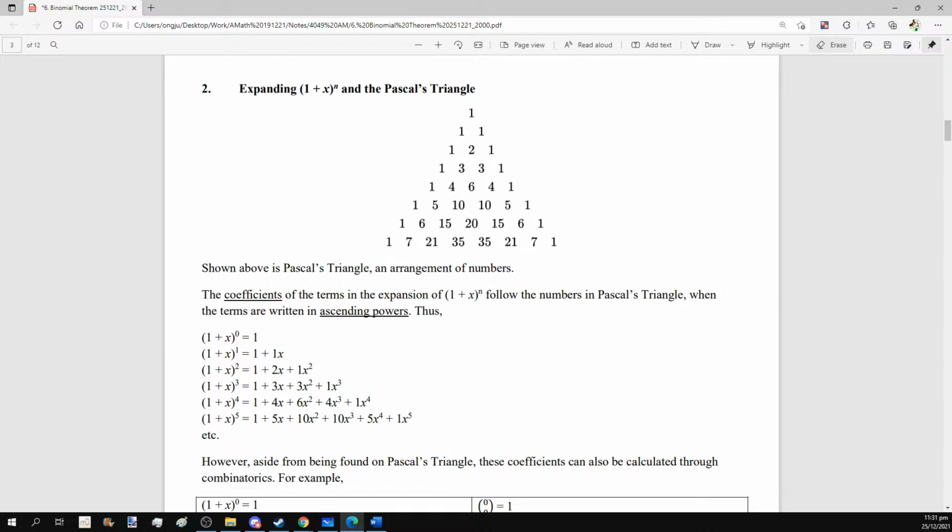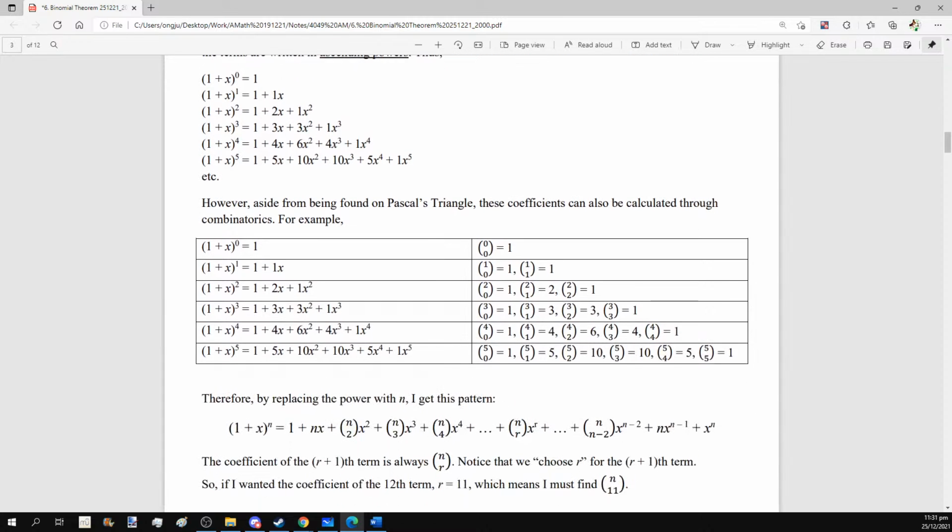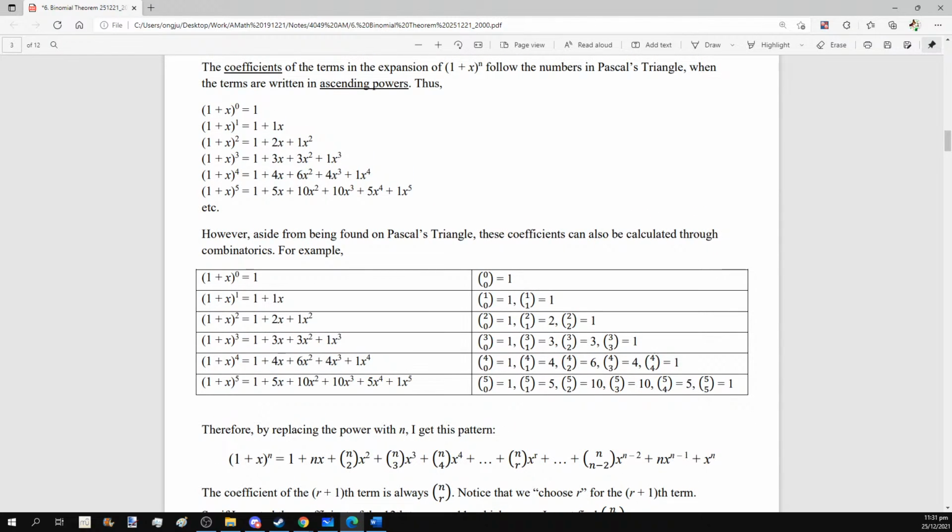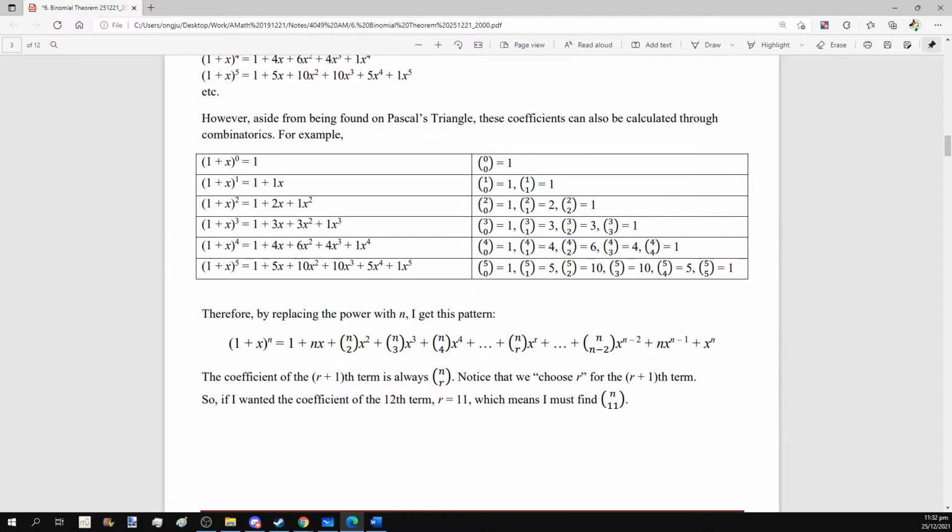Even better, these same numbers 1, 1, 1, 1, 2, 1, 1, 3, 3, 1, 1, 4, 6, 4, 1, 1, 5, 10, 10, 5, 1, etc. can also be obtained from n choose r. It has a pattern by itself, which I will leave you to observe. By combining this pattern, we can conclude this particular formula: 1 plus x to the power of n always follows this nice formula.